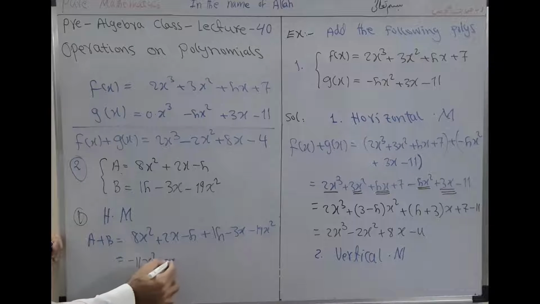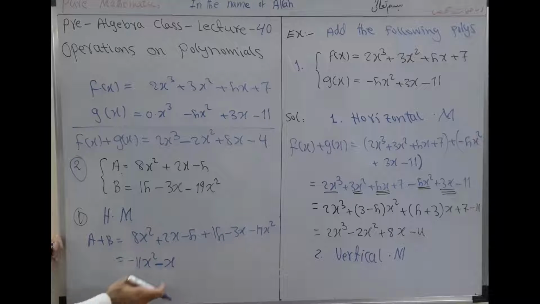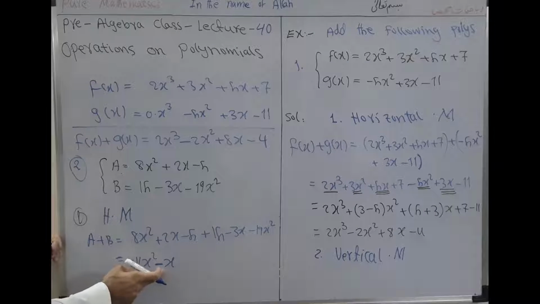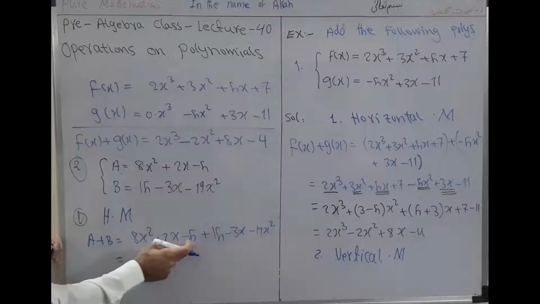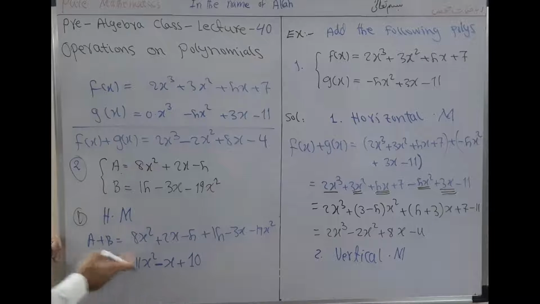If we add these two numbers, 2 minus 3, it is equal to minus 1, minus 1 multiplied by x. Minus 5 plus 15, plus 10. It is the solution of the summation of these polynomials. It was the horizontal method.